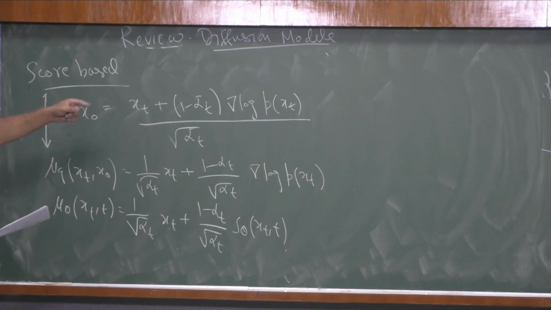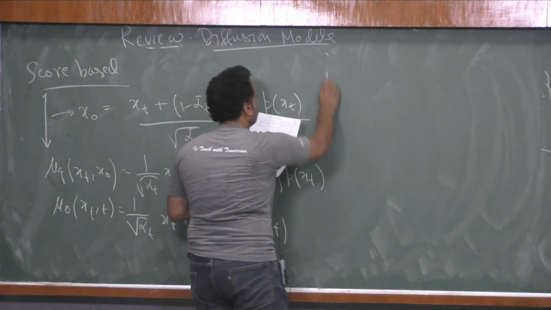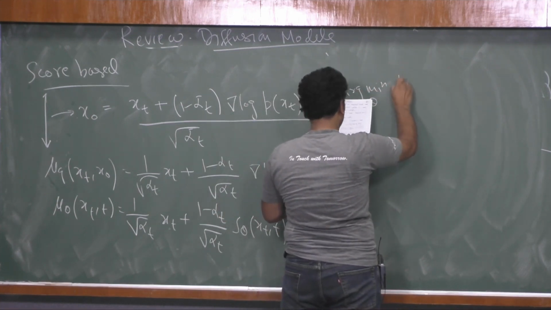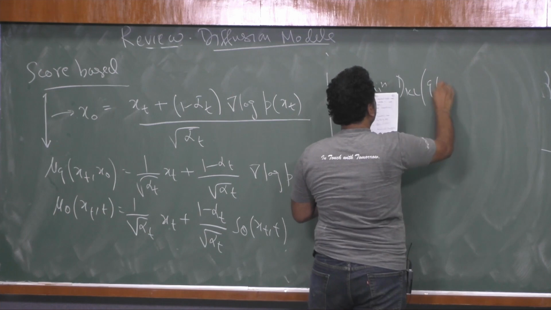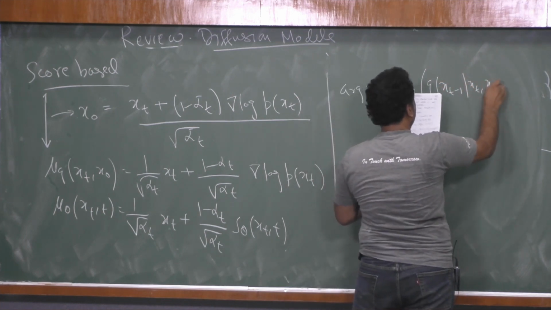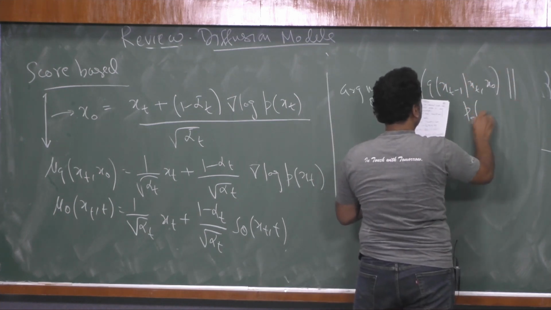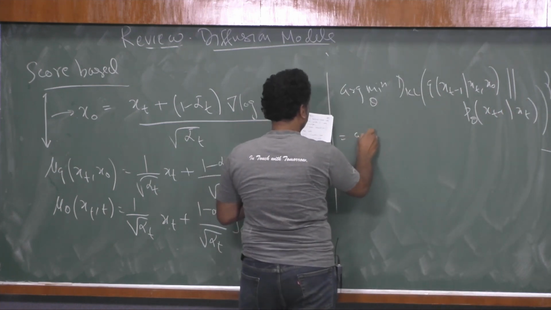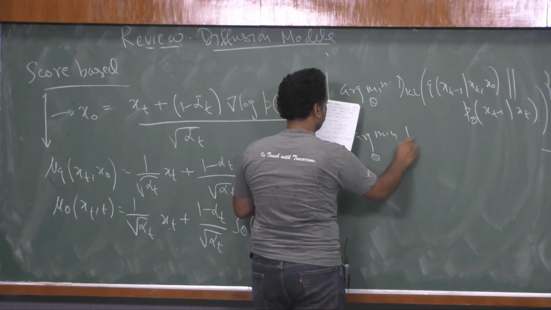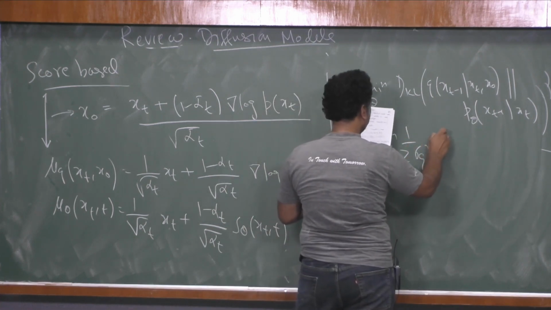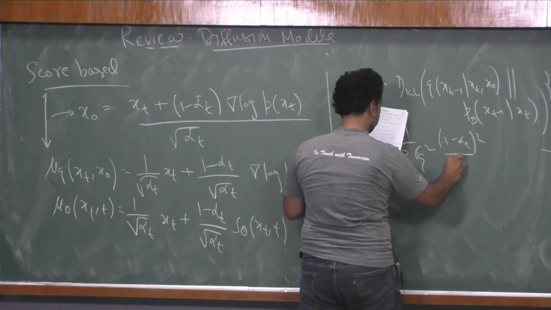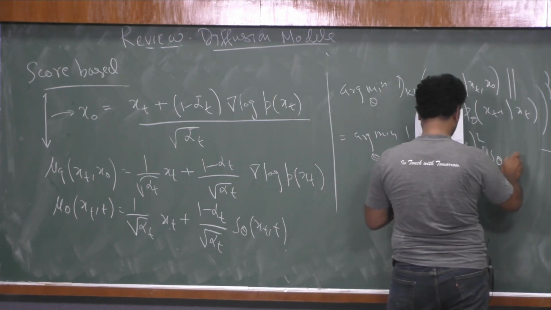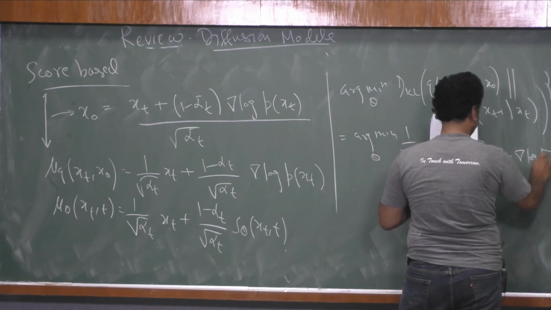If we do the argmin like we did before, then over theta, the KL between q xt minus 1 given xt, x naught and p theta xt minus 1 given xt became argmin over theta of 1 by 2 sigma q squared, times 1 minus alpha t squared by alpha t, times s theta minus grad log p xt.